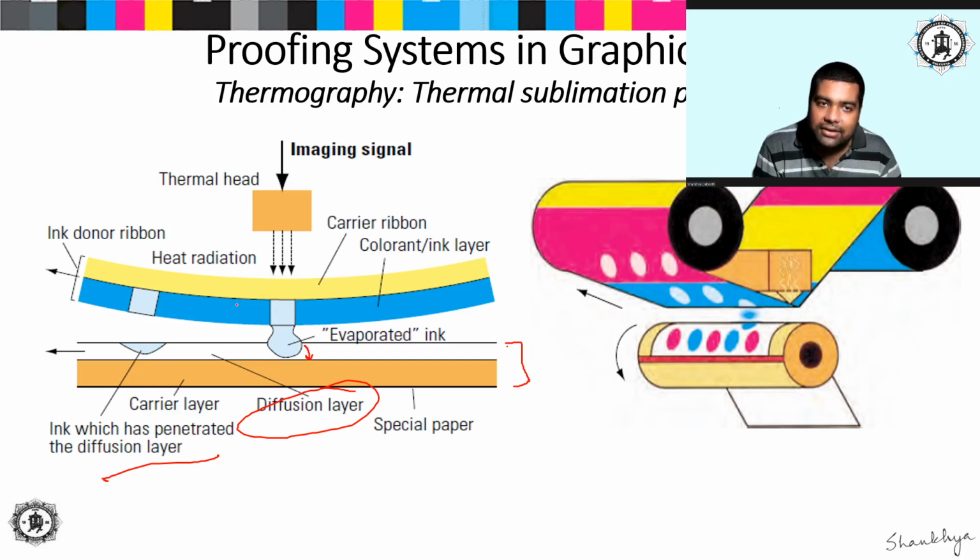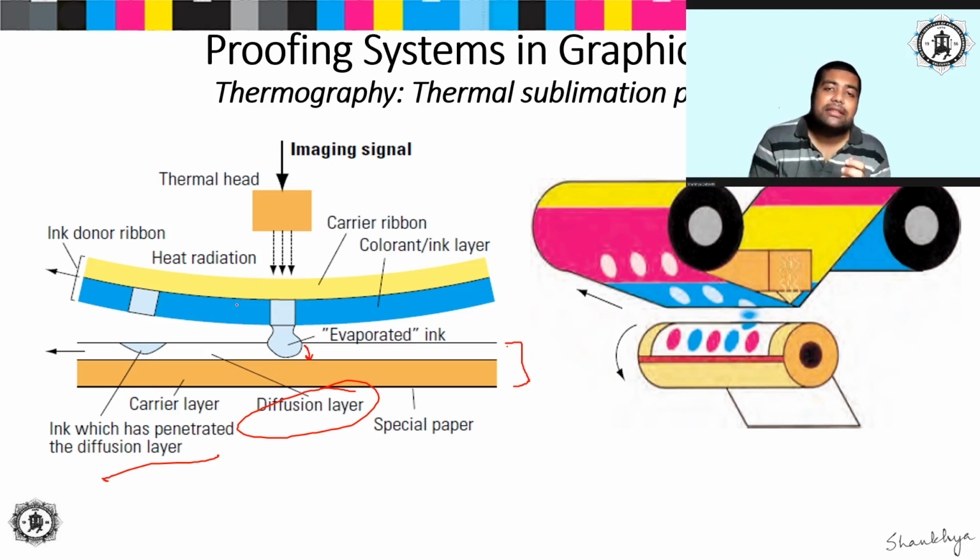So in the earlier case, we saw that the greater the amount of heat, the greater the size of the ink dot, right? But here, in thermal transfer there was no one to forcibly penetrate the ink onto the paper, whereas in the thermal sublimation process, what is happening?